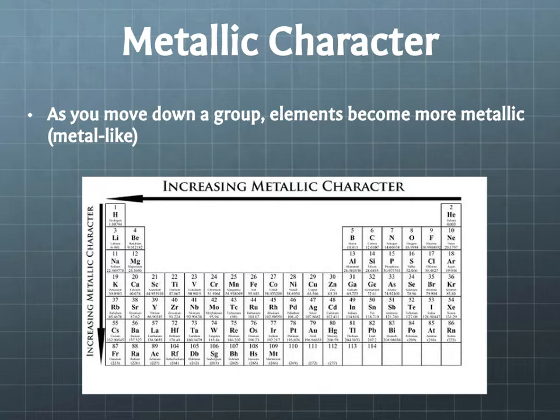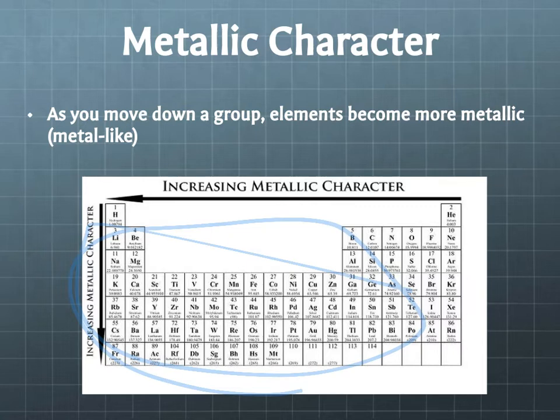So the first thing we want to discuss is metallic character, which is essentially how metal-like an atom is. And we know from our previous lessons that pretty much the entire left side of the periodic table is metals for the most part. So it would make sense if metals are more metal-like on the left side.